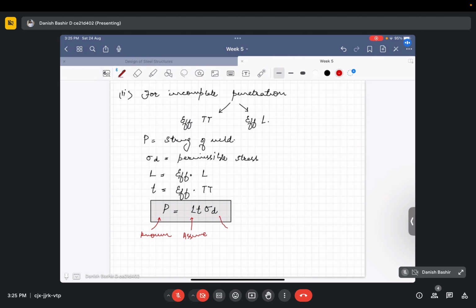Sigma D, the permissible stress, is taken from the code, so easily I can get T, the effective throat thickness, as P divided by L sigma D, since all things are known. So by this method I can design my weld. I hope this is clear to you up to this point.